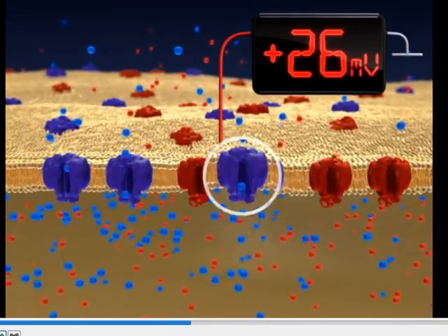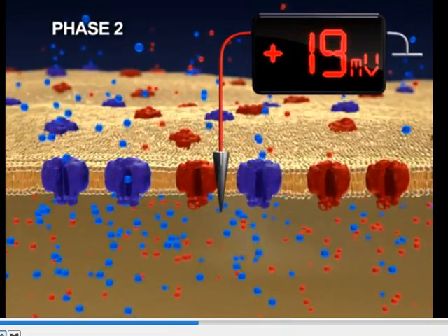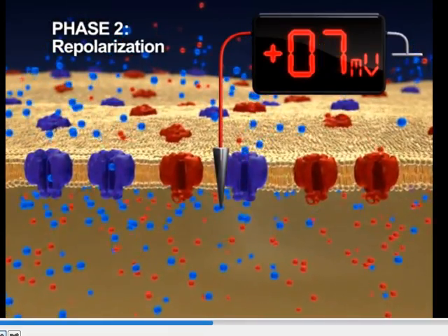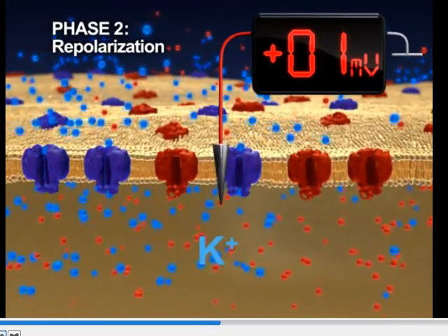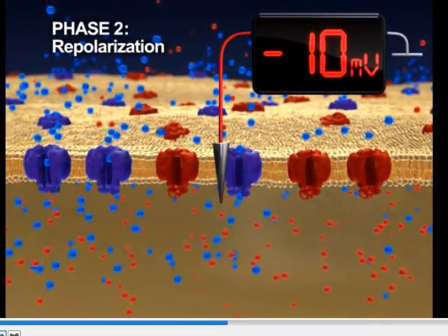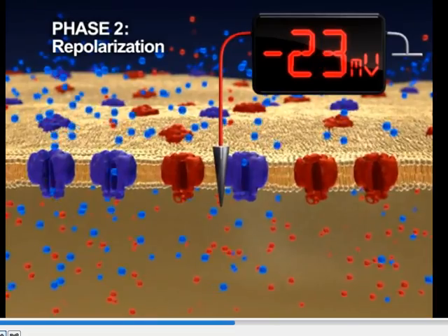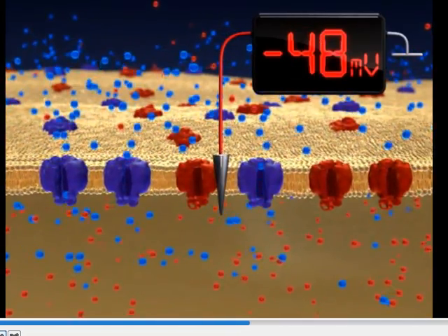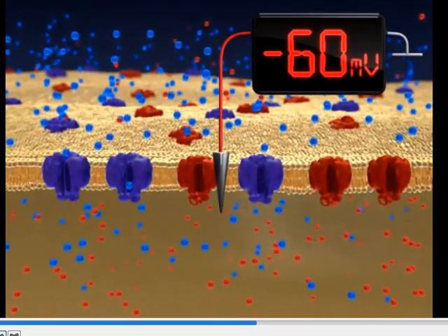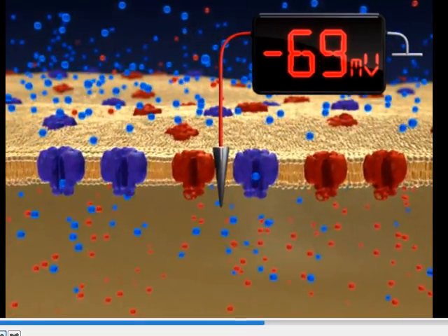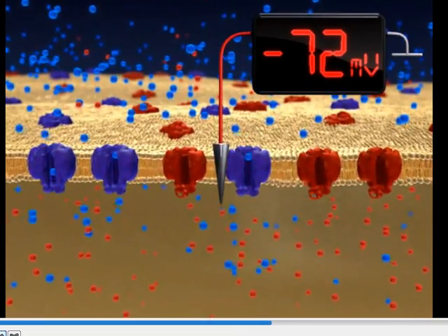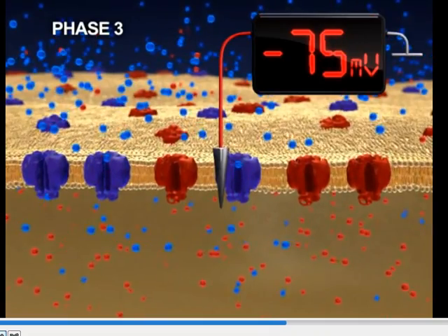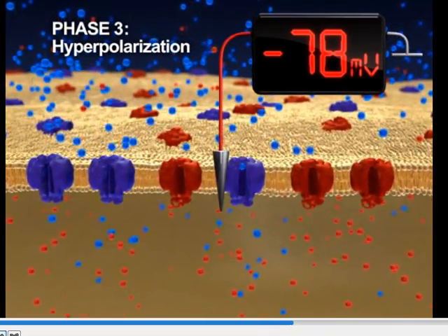These 2 events mark the beginning of phase 2 of the action potential, known as repolarization. As potassium ions diffuse out of the axon, the membrane potential becomes negative again. However, the membrane potential continues in the negative direction, going beyond the resting state of minus 70 millivolts. This marks the beginning of phase 3 of the action potential, known as hyperpolarization.